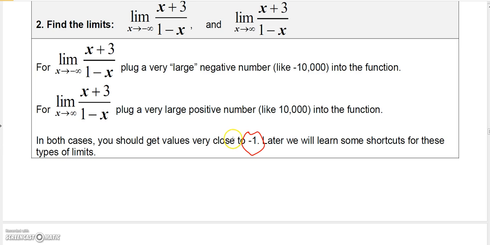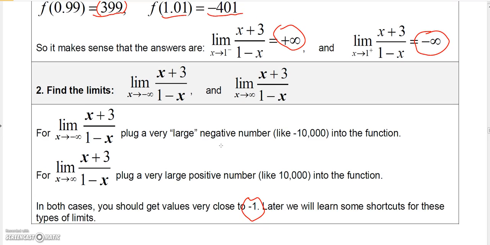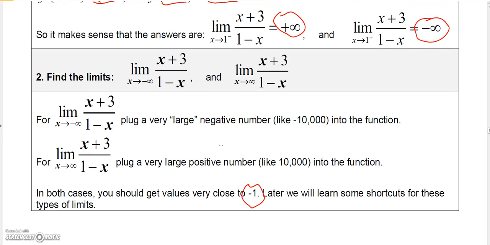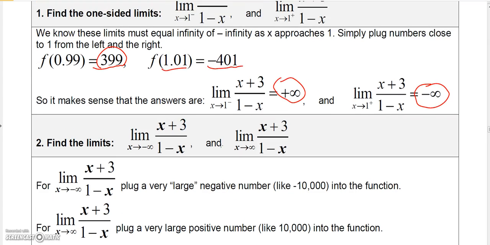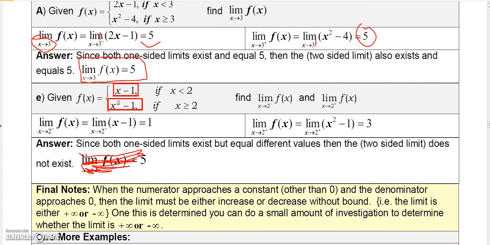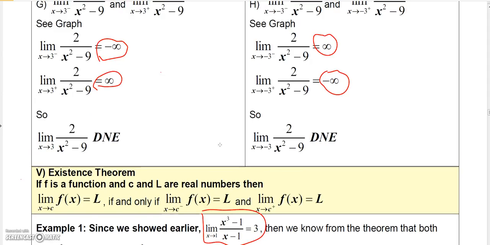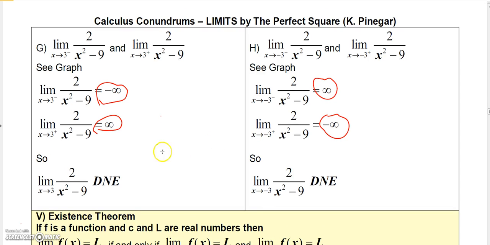Now we're going to learn some shortcuts for limits as x approaches infinity or negative infinity later when we get into horizontal asymptotes. Now, speaking of asymptotes, remember we ran into some problems where we were getting infinity and negative infinity when we did these one-sided limits.